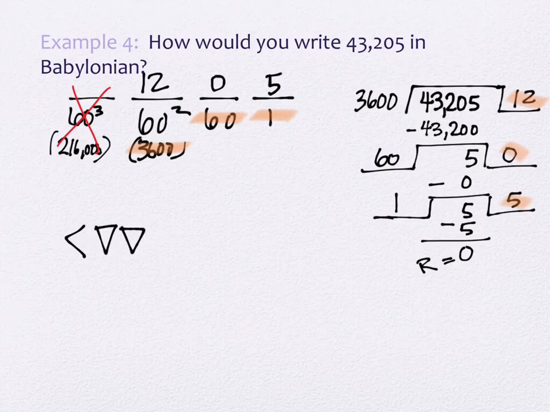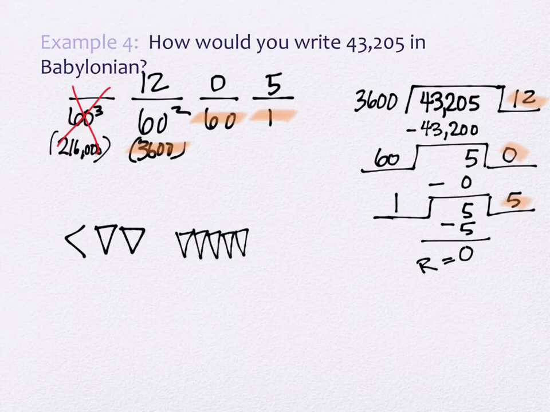I don't have any way to write 0. There's just nothing, so I just keep moving. If you want to leave a space, you can, but it still doesn't really mean anything. So we just keep going, and then we move into having the number 5. And how do I write the number 5? 5 triangles. Thank you.